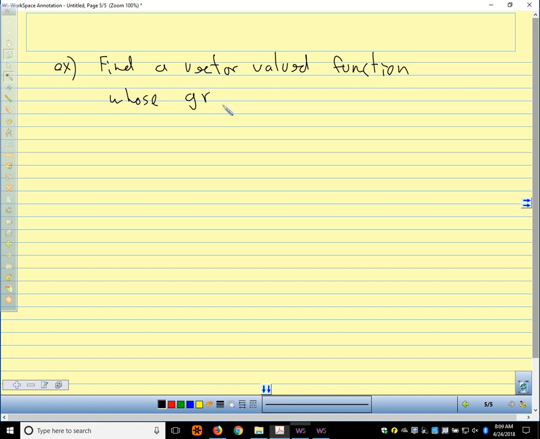We want a vector valued function whose graph is the surface x plus y plus z equals 6. A plane. So we want to parameterize this as a vector valued function, as a parametric surface.